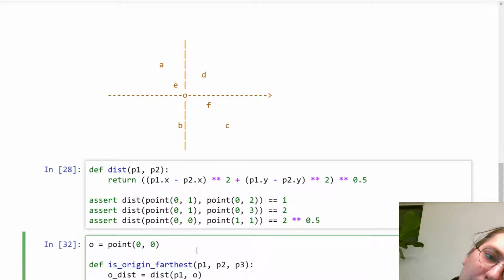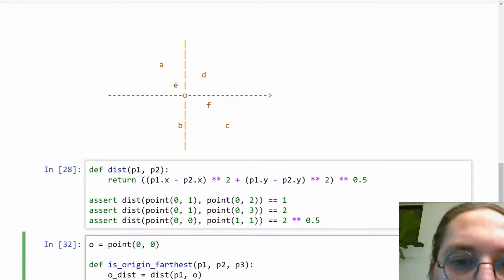So we do an and statement, because we are collecting the false stuff. Is the origin further? That means O is not inside the triangle. And then we'll do not and or of all the conditions. We can give it a try.